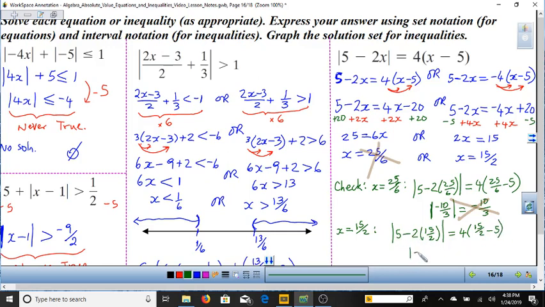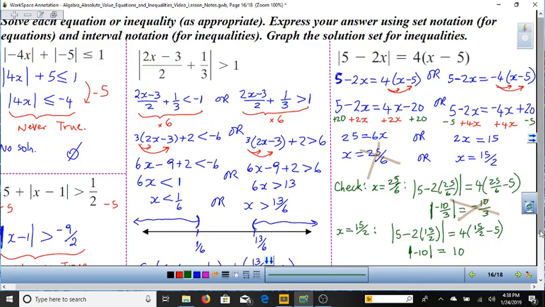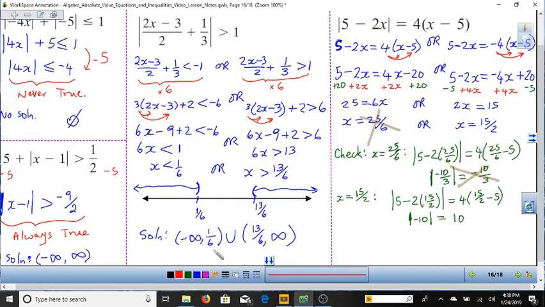And of course, the absolute value of negative 10 is 10. And on this side, it turns out that this works out to be 10 as well. So the left side and the right side here work out to be the same number, which means 15 over 2 is a legitimate solution. So our solution then is just the number 15 over 2. That was the only number that gave us the correct answer on both sides.